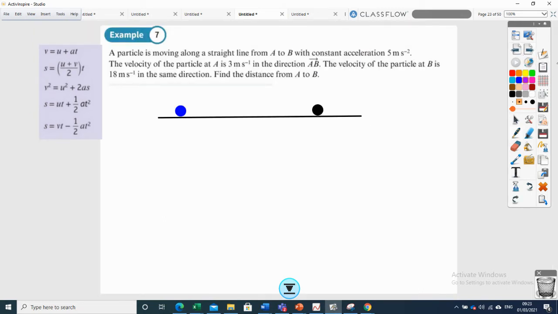A particle is moved along a straight line from A to B with a constant acceleration of 5 metres per second squared. So a equals 5. The velocity at A is 3 metres per second, so the initial velocity.